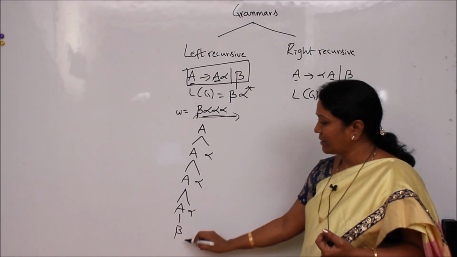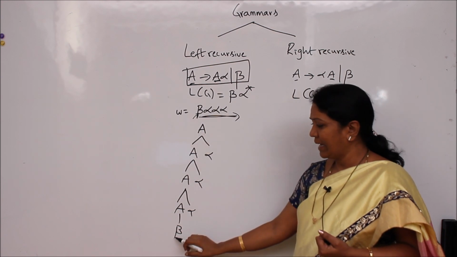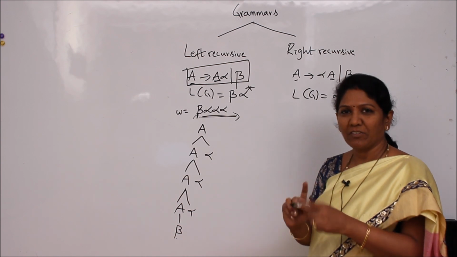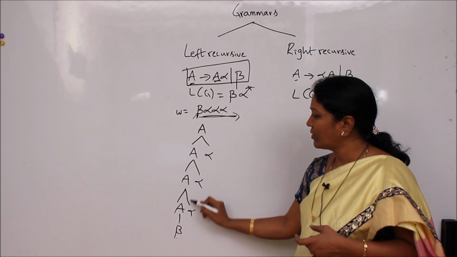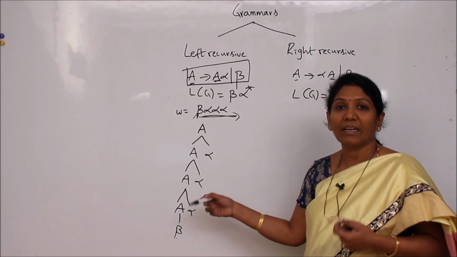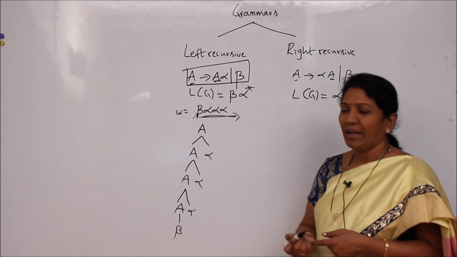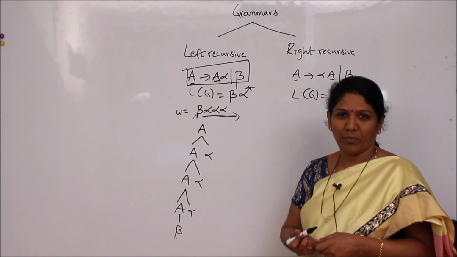But if you look at this derivation process, when exactly will it get beta? As a last symbol. So if you consider each A to be a recursive function, A calls itself without recognizing or deriving any input string. Hence there is a danger of going into infinite loop.